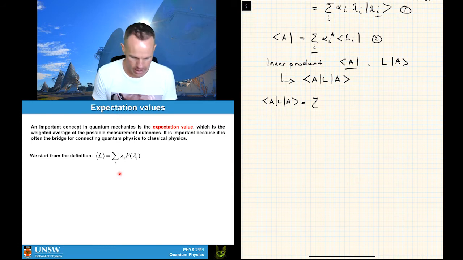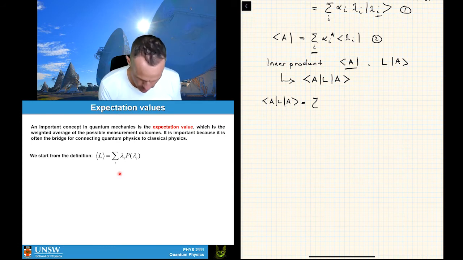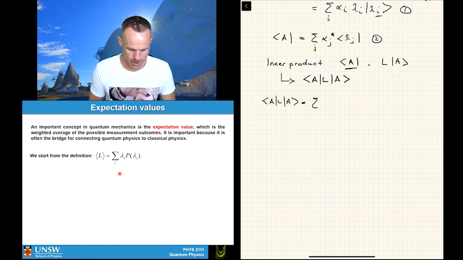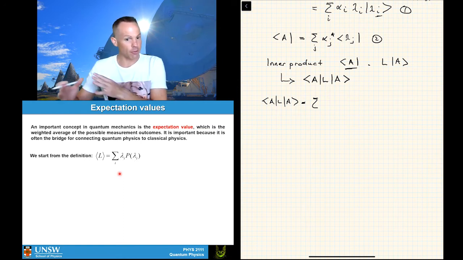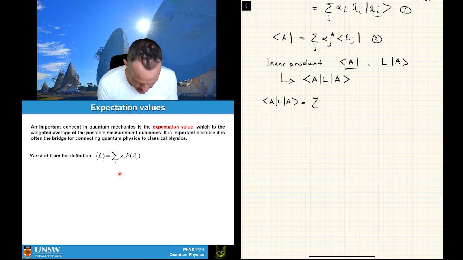So let's go through and, just for convenience, rename them to j here, just so we can keep track of them, okay? Again, this is one of these things when you're working through problems in physics and you go, oh, hang on, maybe I'm going to walk into a trap here. I should just be careful and I'll clean it up later, okay? So this is now j, alpha j star, bra lambda j.